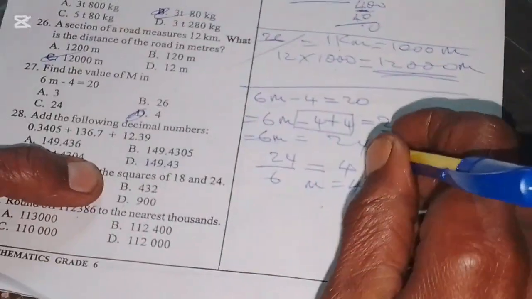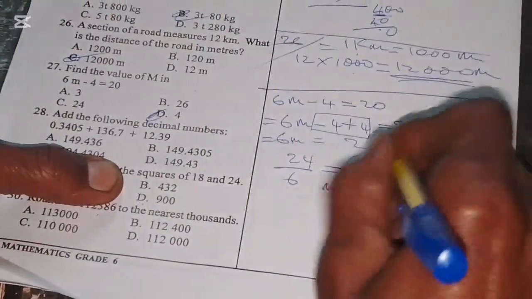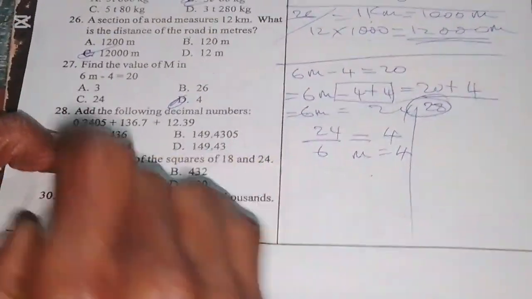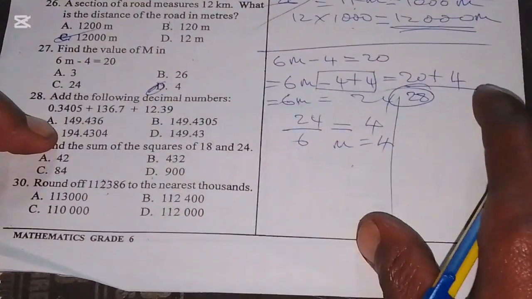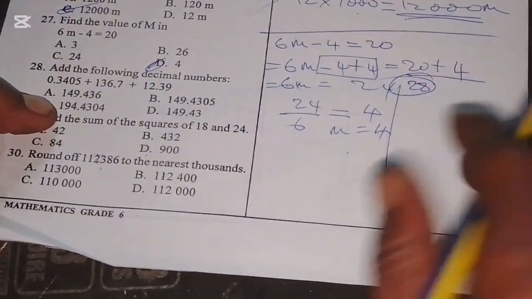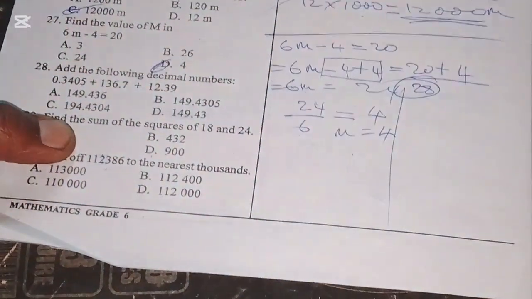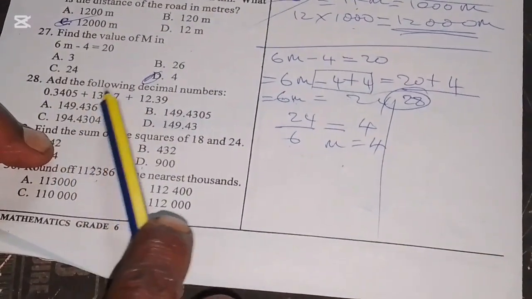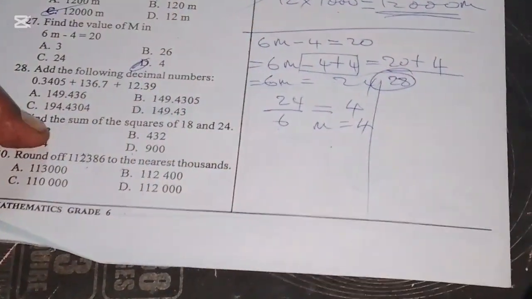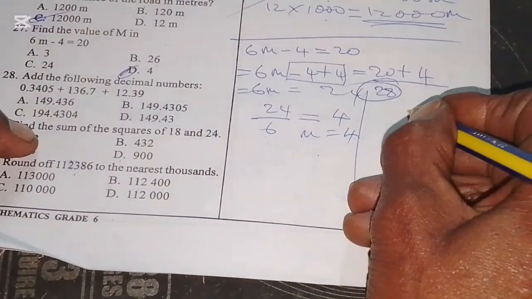28, you add. In this case, you are supposed to align them according to the place value. First of all, how many decimal places do you have? 1, 2, 3. So you put your decimal point there.